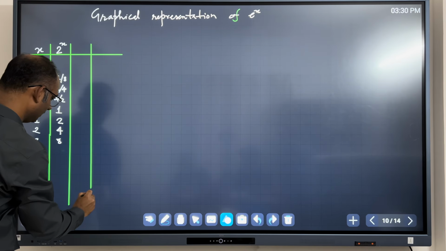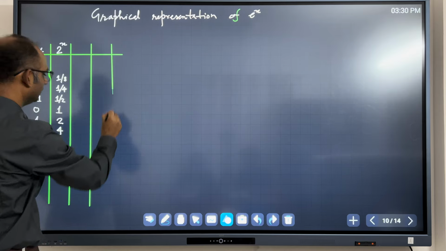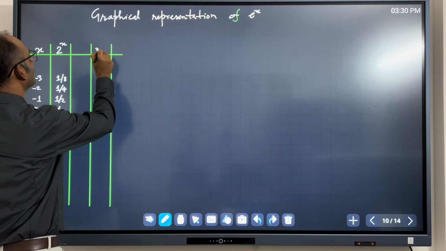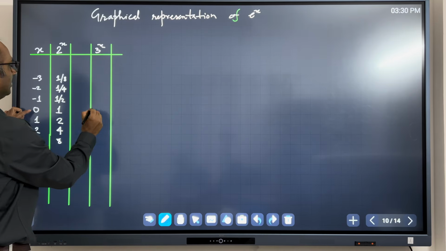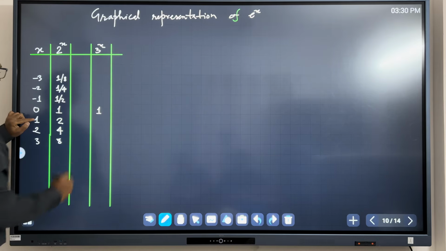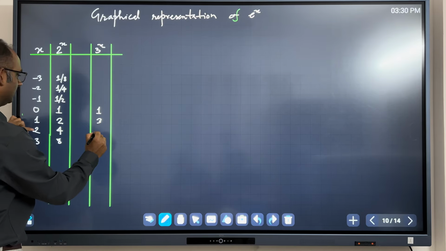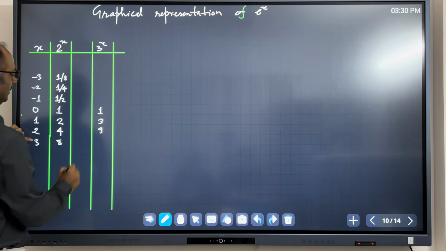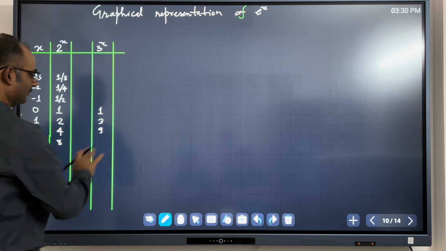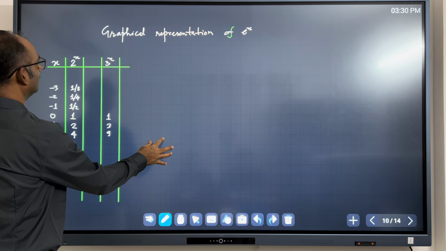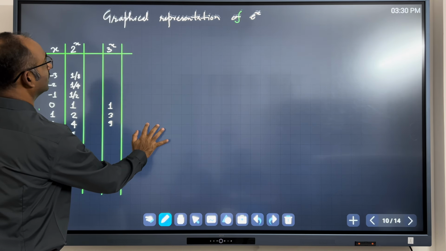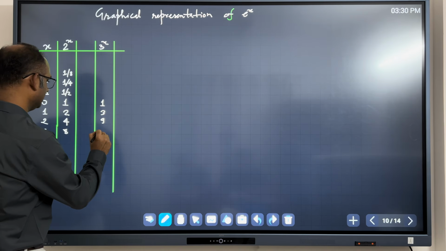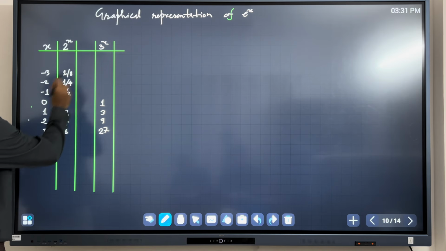Write down the values of 3 to the x. So let's start with 0. 3 to the 0 is 1. 3 raised to the power 1 is 3. 3 square is 9. 3 cube is 27, and here 1 over 3.